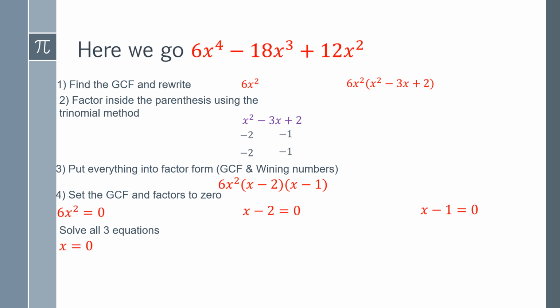So for 6x squared equals 0, you're going to get 0. You're going to get 0 there, 2 there, and then you're going to get 1 there. So your solutions are 0, 1, and 2. Exactly like that. If you did all this, good job. You are cool, you are smart, and you are going places.